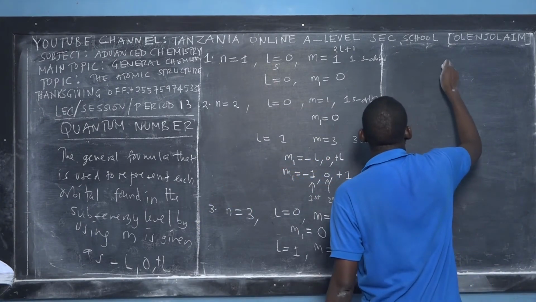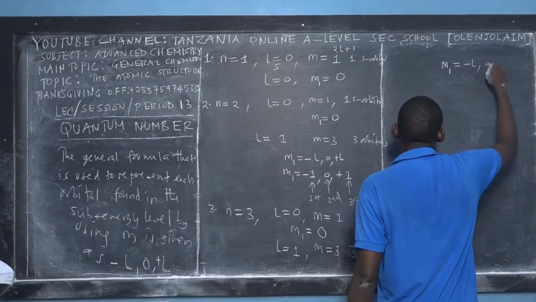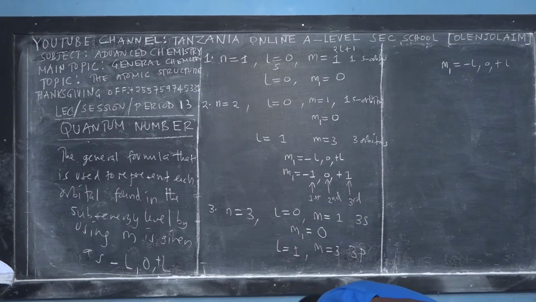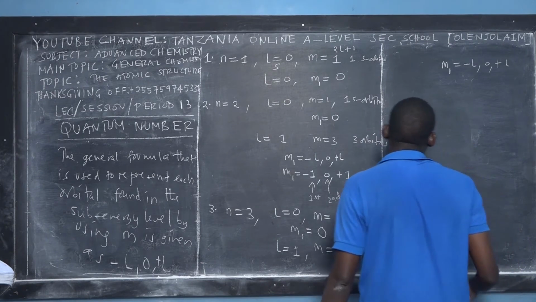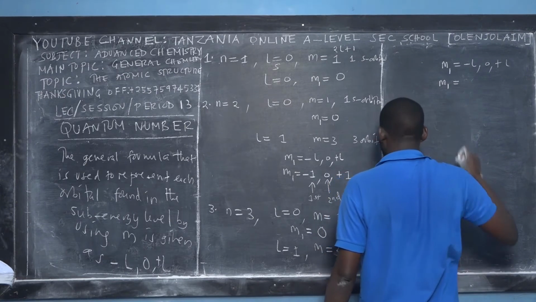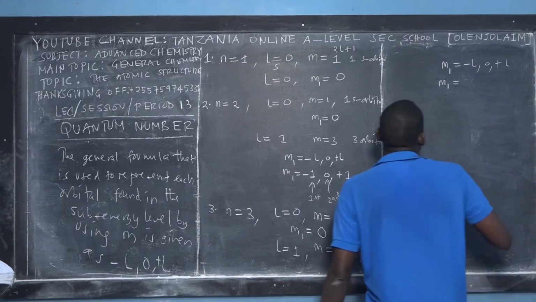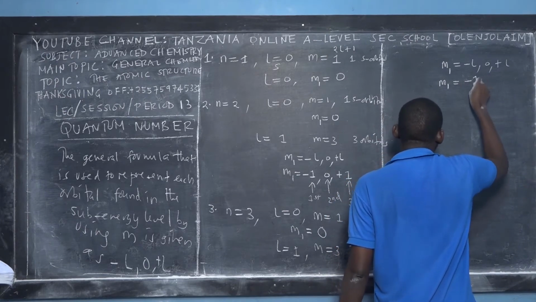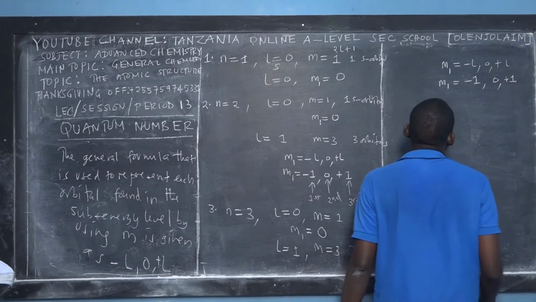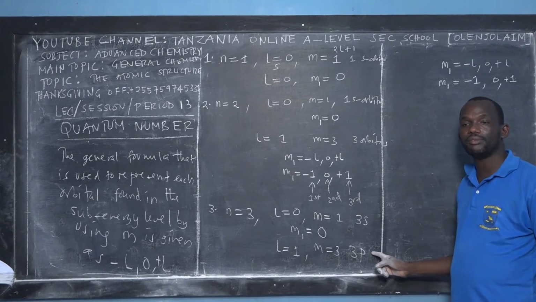I told you that for that case, the magnetic quantum number is equal to negative L, comma 0, and then to positive L. You have 3 orbitals, you have to show how you present them, so use the magnetic quantum number. What is the value of L here? It is 1. Be careful. So this is negative 1, comma 0, comma positive 1. So that's why we say that there are 3 orbitals in the p sub-energy level.